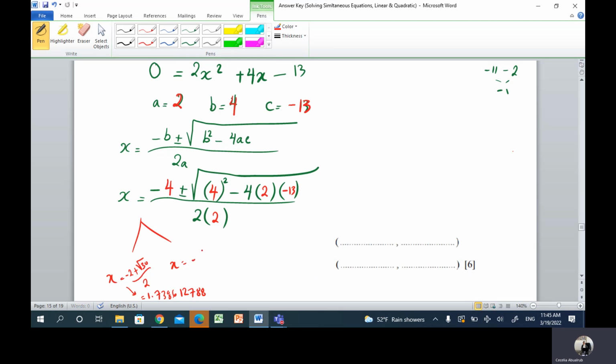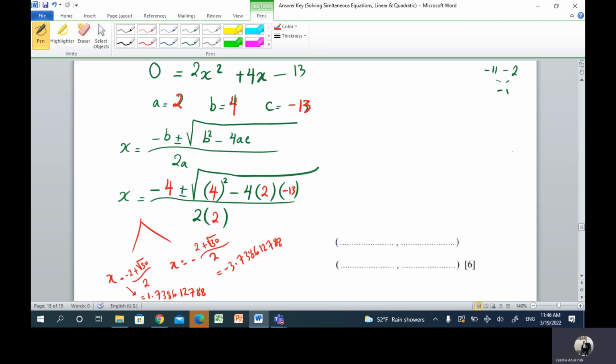It will be minus 2 plus square root of 30 over 2, and this is equal to, as a decimal, negative 3.7386127888.